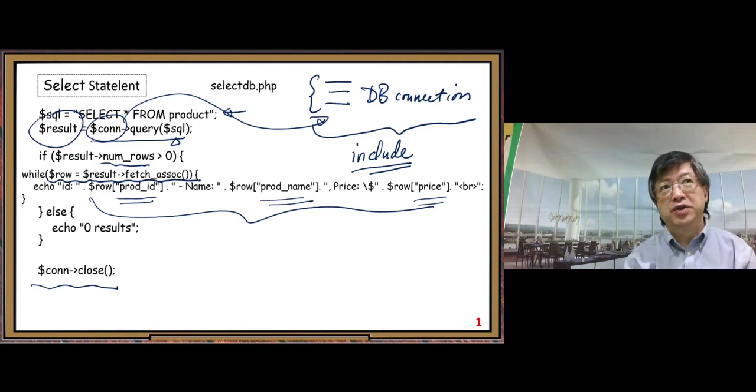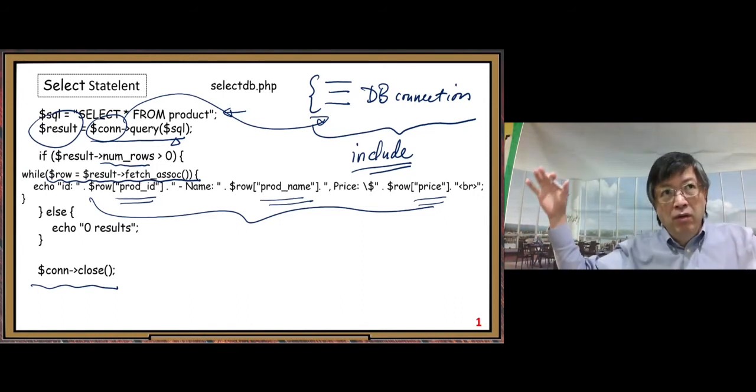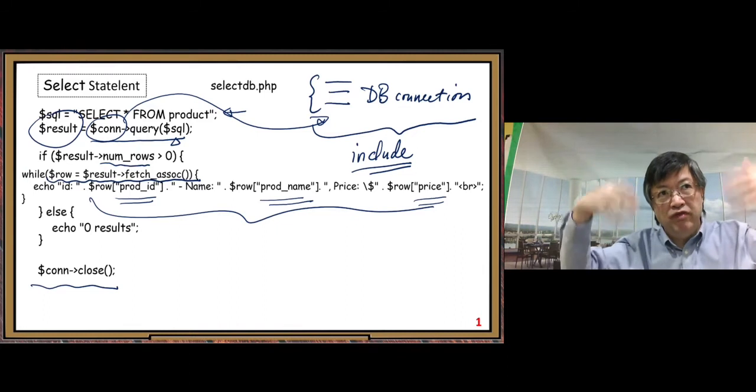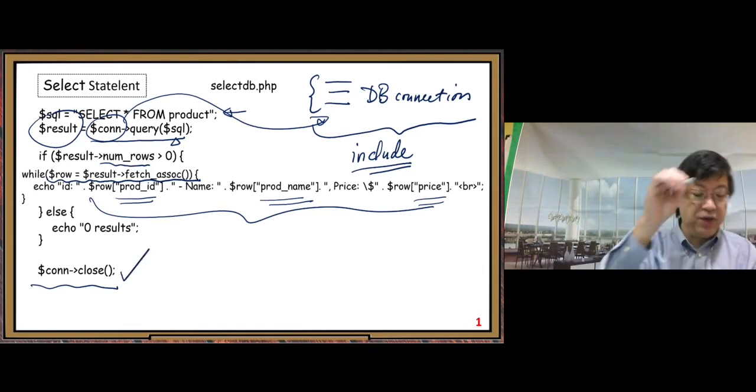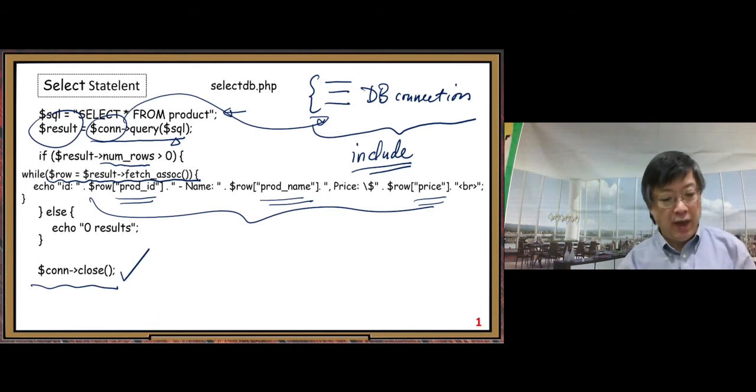Otherwise, you still occupy resources you do not need, which can make your whole web application very slow. So that's the reason we close it. That's the first example, select statement.